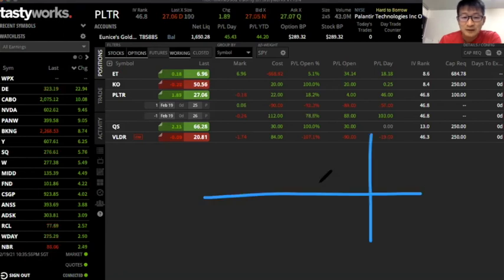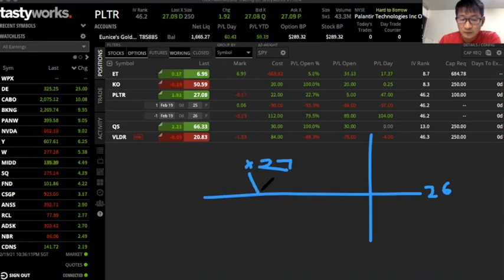So let's say this is our position, which is $26. Right now the stock is at this area, and the chance of this stock dropping beyond 26 is considered quite high, because the safety margin is only $1.